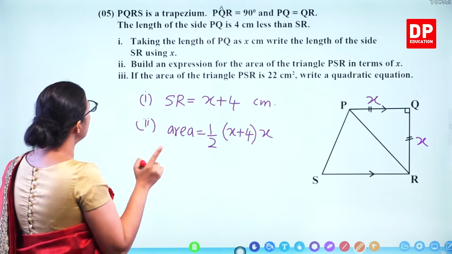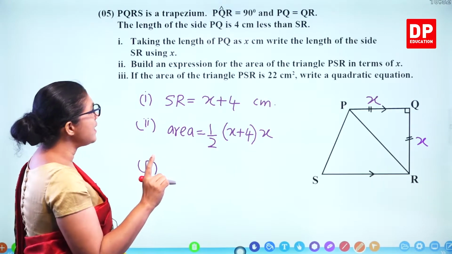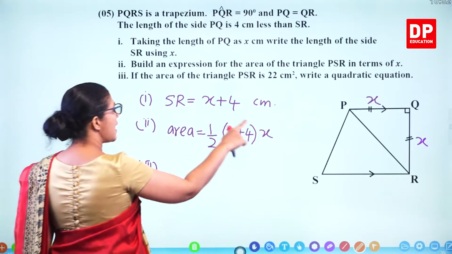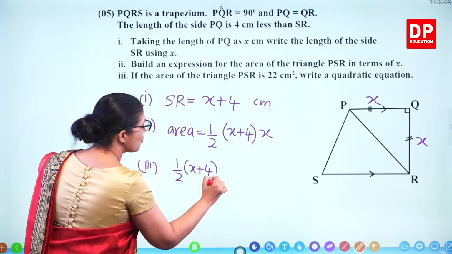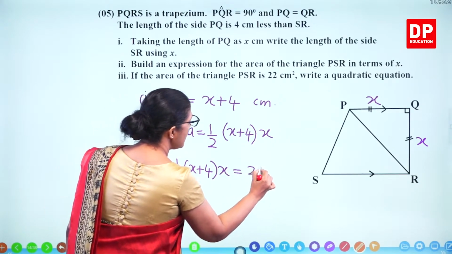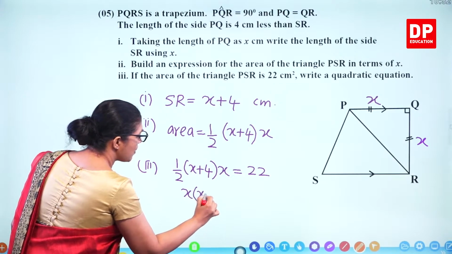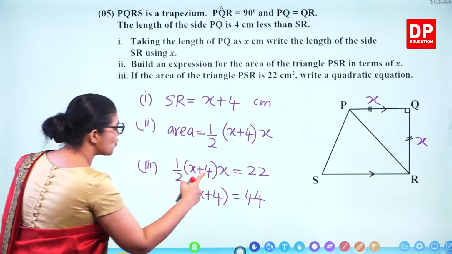And the third part: if the area of the triangle PSR is 22, write a quadratic equation. So this area, half times X plus 4 into X, is 22. Now multiply by 2: X into X plus 4 equals 44, which is 2 times 22.